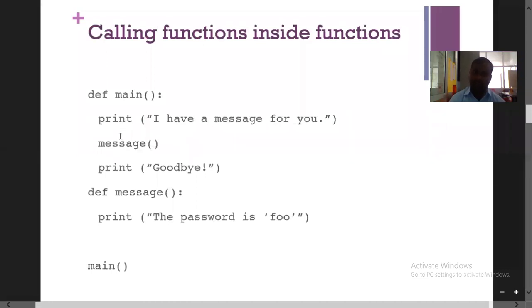Again, in the main function, not in the message function, there is one print statement, that is goodbye, and here is the definition of the message function. This message function has one print statement. Now anybody tell me what is the output?